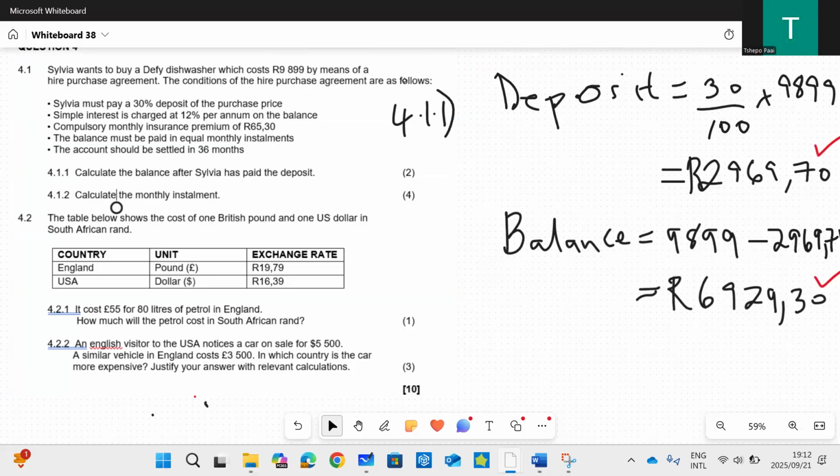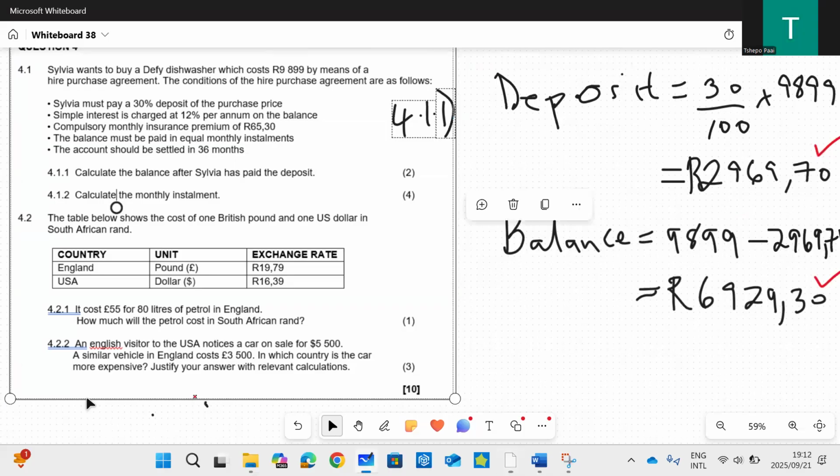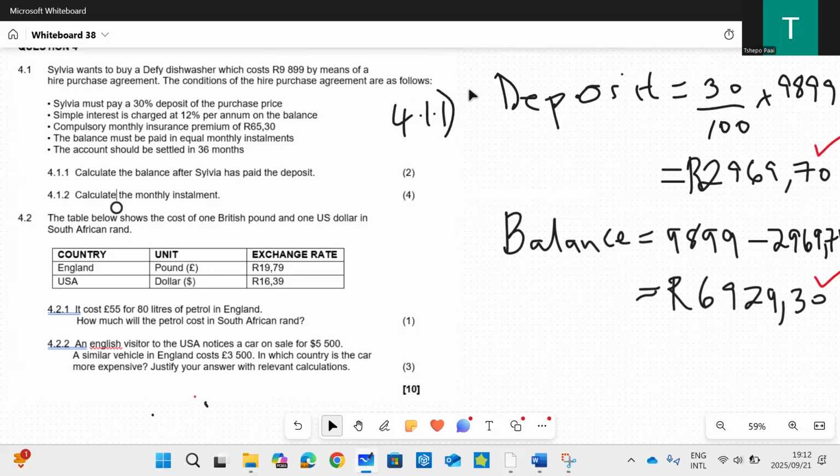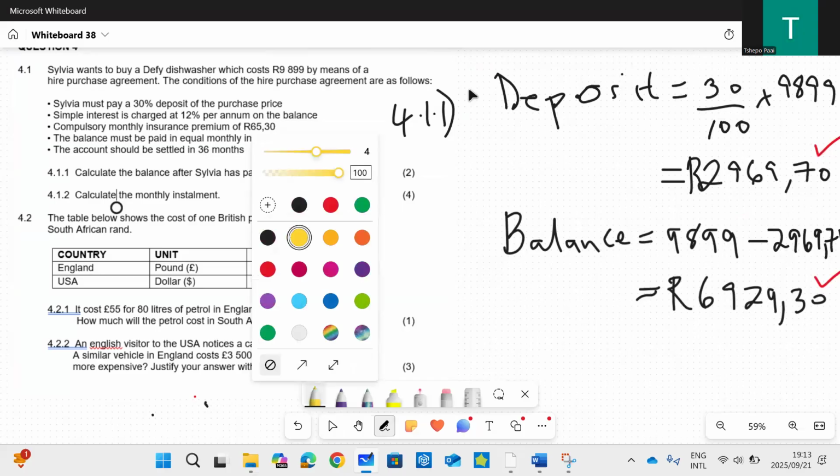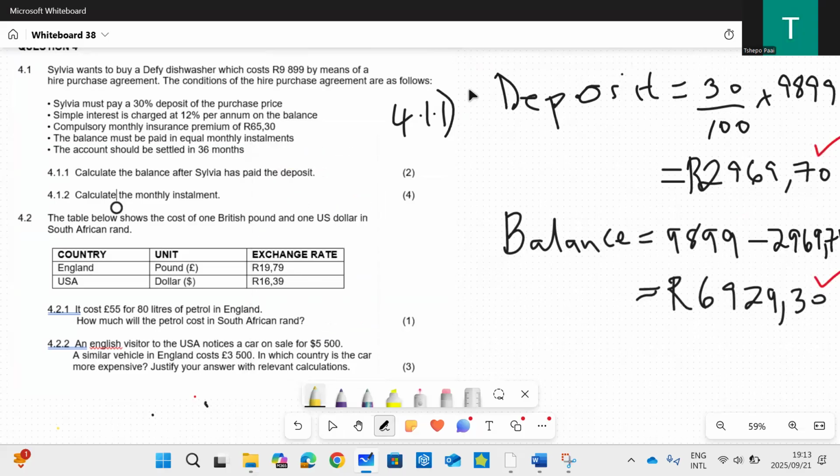And remember, in terms of calculations, the formula that will be used is the simple interest formula. So my focus here will be 12% per annum and 36 months, and I must also look at simple interest.